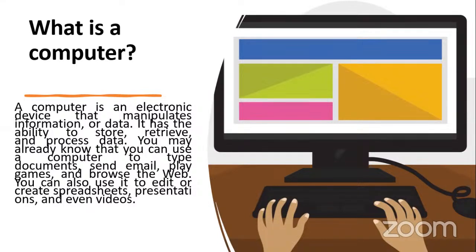Data. Mark that word, data, because we are working with data. Everything is data. So it's used to manipulate or turn information or data to your own preference, to what you want, right?